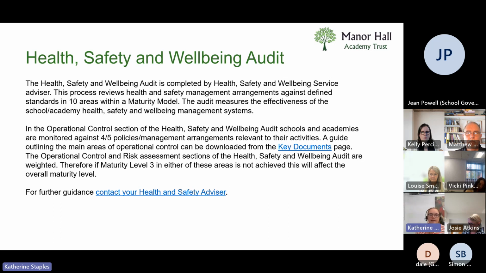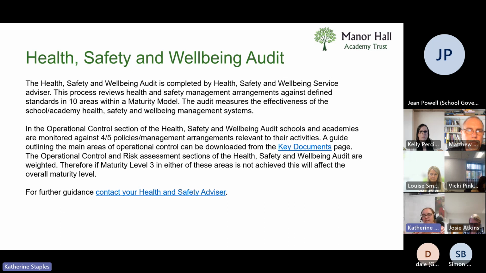So there's a really big document that looks at the maturity model and what that means to each of the 10 elements. So to get a 1, you'll be maybe just doing very minor things within that area, right through to a 5, where everything's amazing, they're doing everything, they're ticking all the boxes, and they've been doing it for a long time and they've maintained that level.